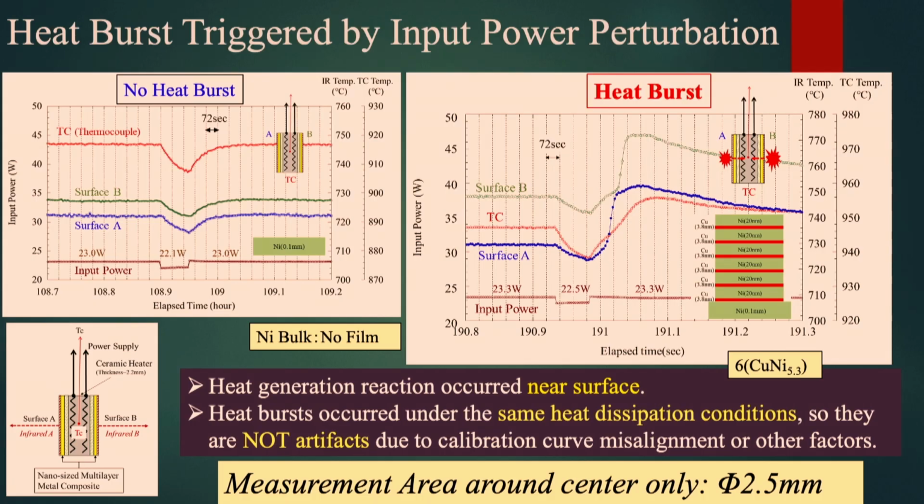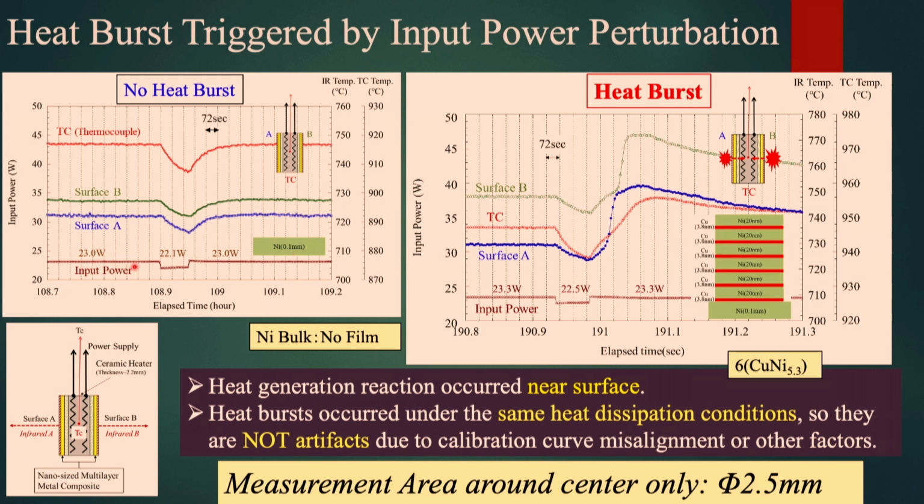This is the heat burst data taken by the experimental method so far. The red line is the thermocouple in the center of the ceramic heater, and green and blue are the surface temperatures A and B. If we use nickel only, we get this data.